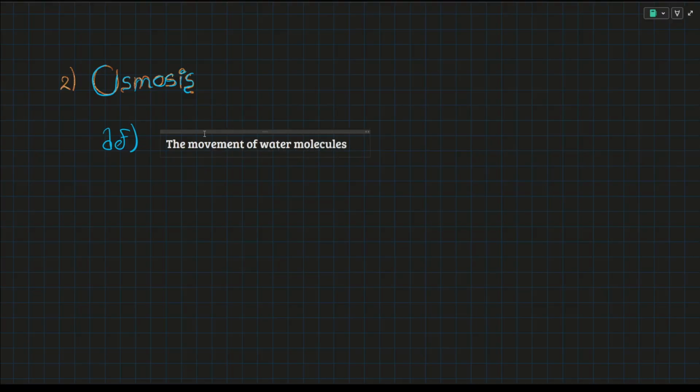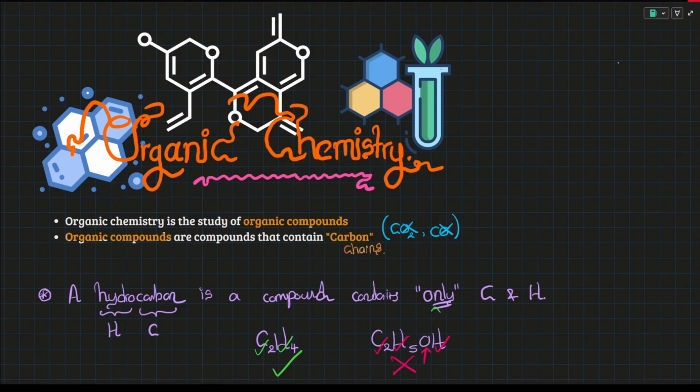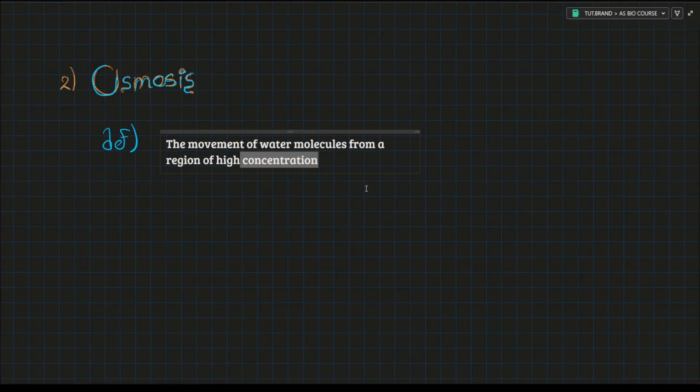We specifically talk about water when it comes to osmosis, from a region of higher concentration. Is that right? No. If you say higher concentration, my god, why did I move to organic chemistry? Plot twist, organic chemistry. Never mind. From a region of higher concentration. Is that right? Can we talk about concentration when it comes to water?